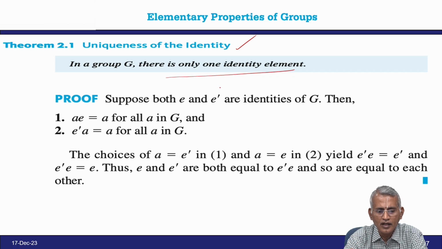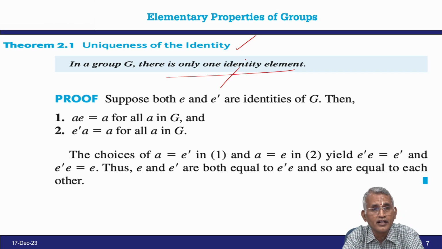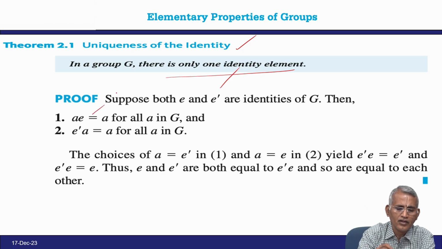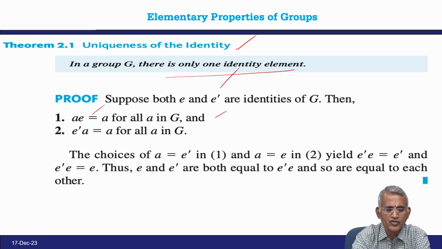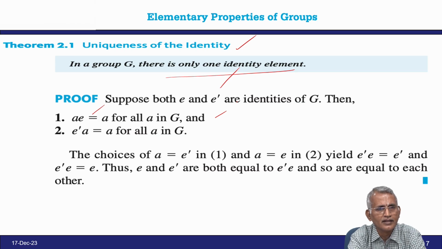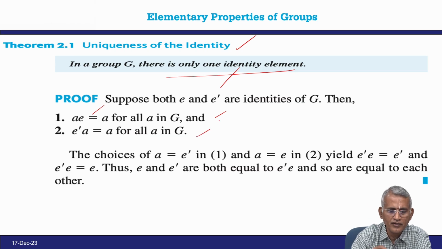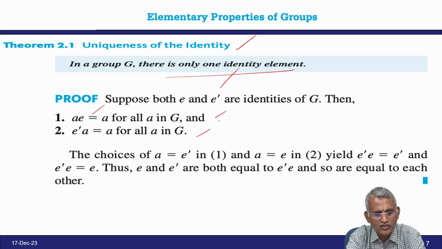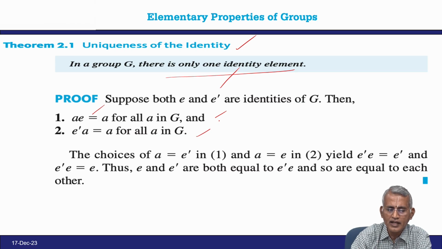Suppose the set has two identities, say E and E dash, of G. What happens? AE equals A for all A in G, and E dash into A equals A for all A in G. So we choose A equal to E dash in 1, and A equal to E in 2.